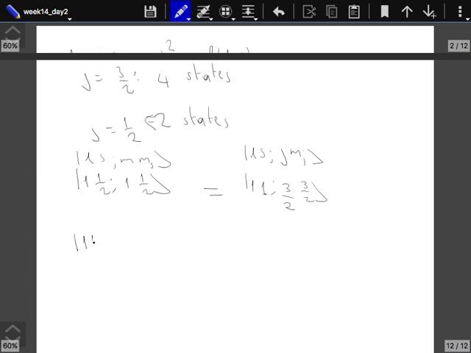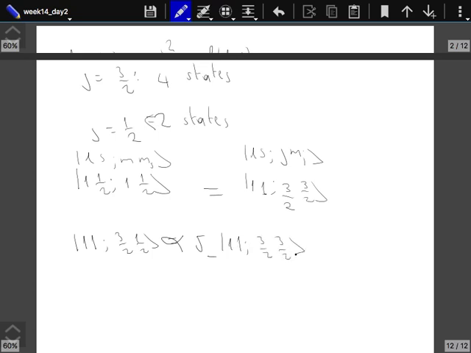Now what about the 1, 1, 3/2, 1/2 state? You see, I just decreased MJ by 1. But that is nothing but proportional to J minus acting on 1, 1, 3/2, 3/2.